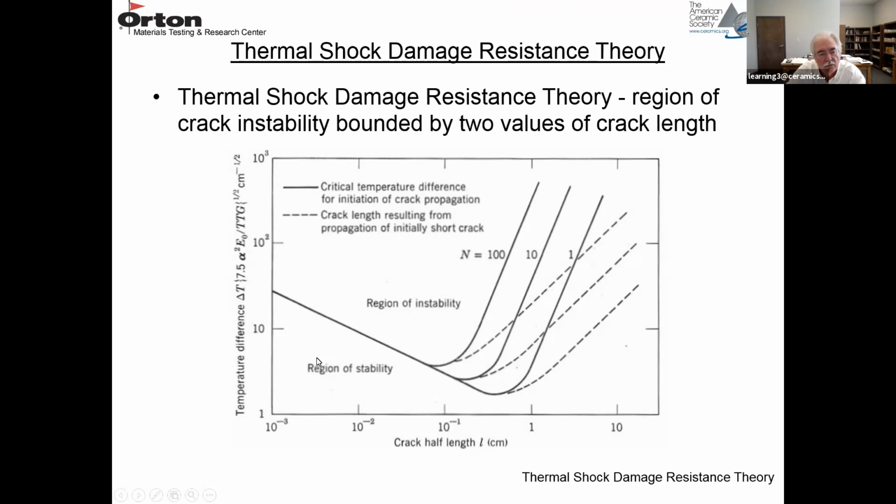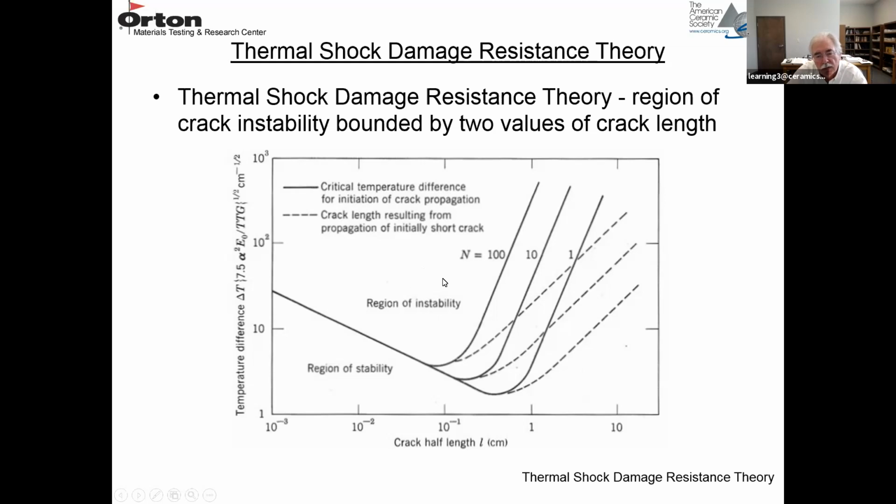So if you're in a region of stability, there's no crack growth. If you're in a region of instability, you have crack propagation. So the solid line is the critical temperature difference for initiation of crack propagation. And depending on where you are on this region of instability, we'll show that in a few minutes, a crack may not arrest when it reaches this line.